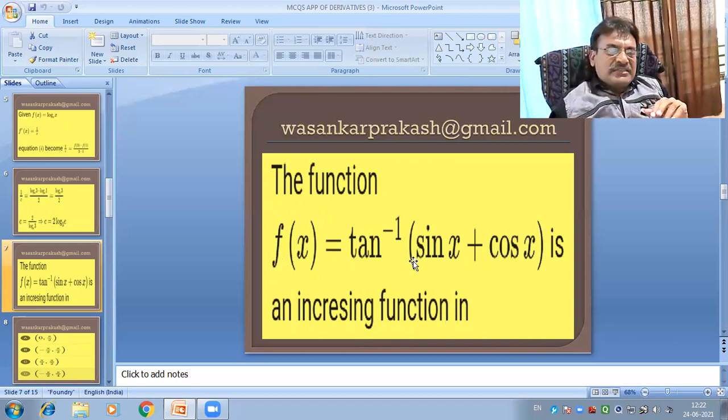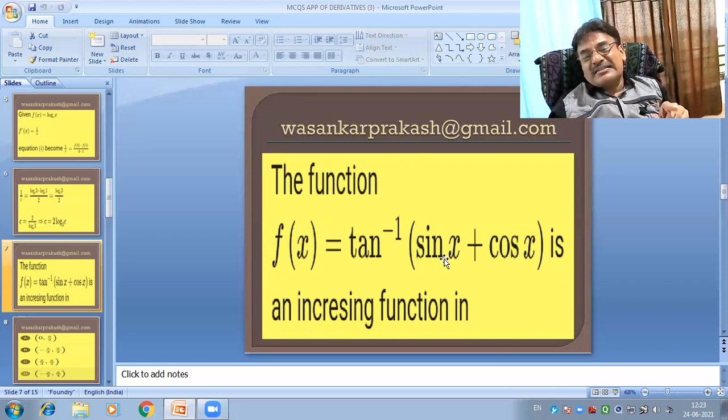So differentiate these functions both sides with respect to x. Then f dash of x. Here we solve most steps orally in the JEE or MHT CET exam. So f dash of x is equal to 1 upon 1 plus g of x square, but g of x is sin x plus cos x. So 1 upon 1 plus sin x plus cos x whole square into d by dx of sin x plus cos x.